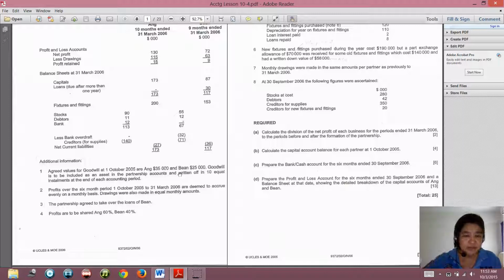So goodwill will be eroded over time. Of course, the new business owner can generate their own goodwill.